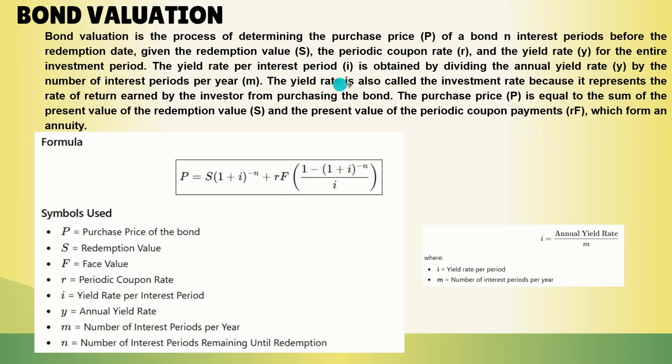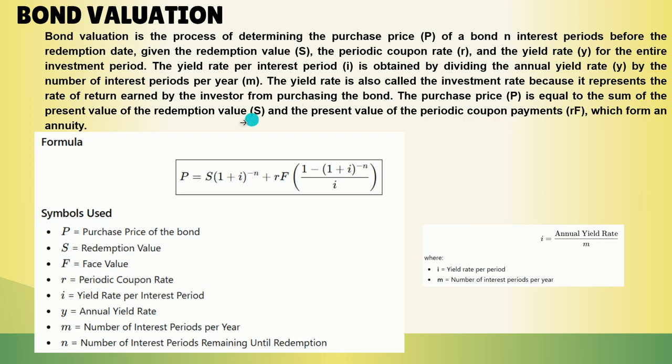The yield rate is also called the investment rate because it represents the rate of return earned by the investor from purchasing the bond. The purchase price is equal to the sum of the present value of the redemption value and the present value of the periodic coupon payments, which form an annuity.